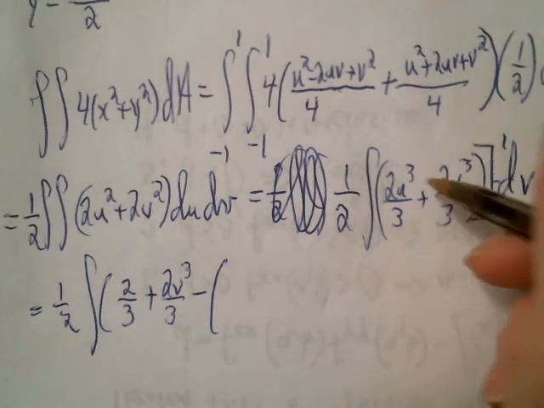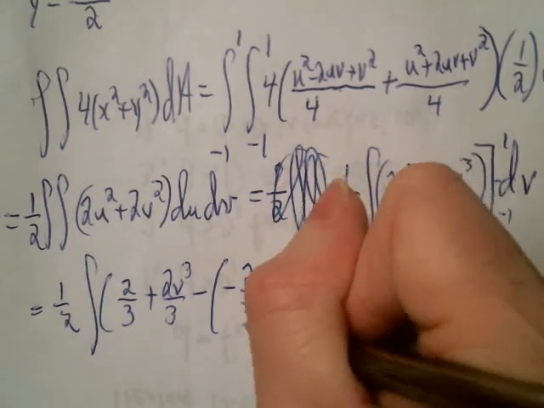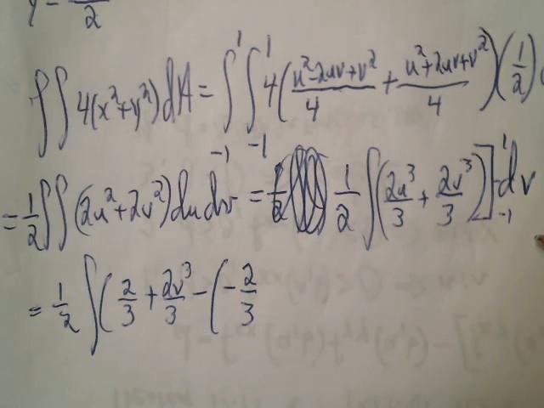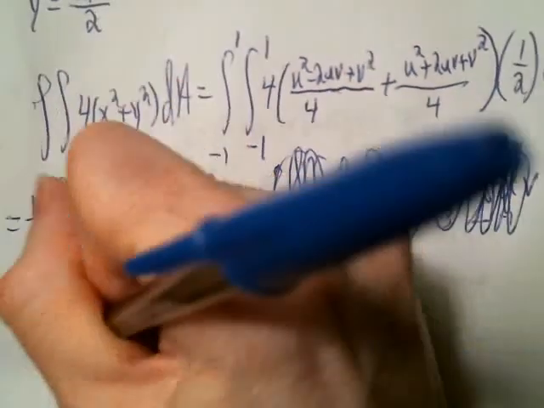So -1 for u cubed is -2 all over 3. Sorry, I'm having a brain issue. What did I screw up? Oh, I see what I screwed up. Sorry, this isn't right.